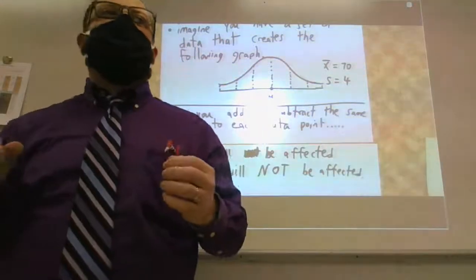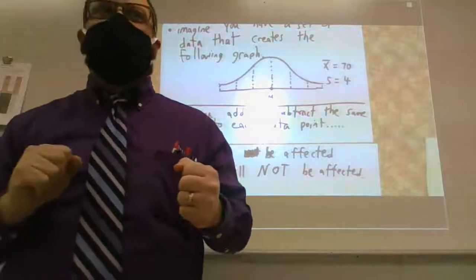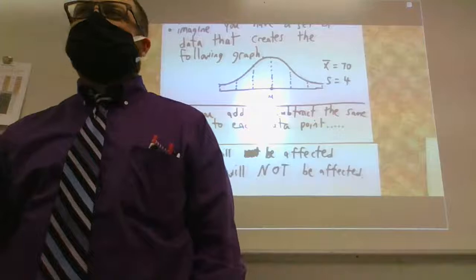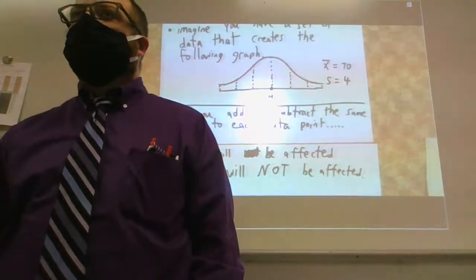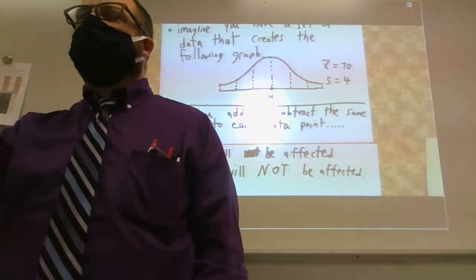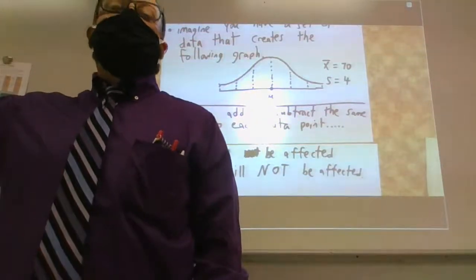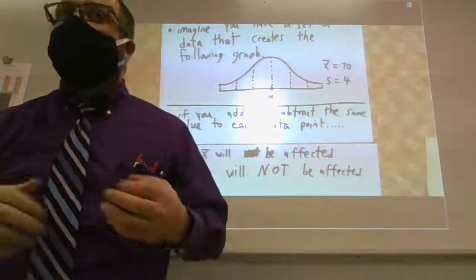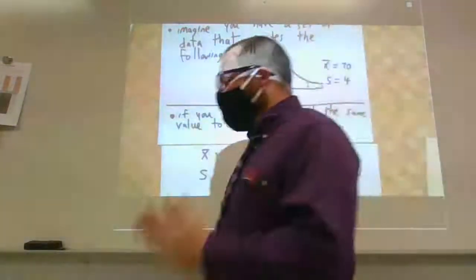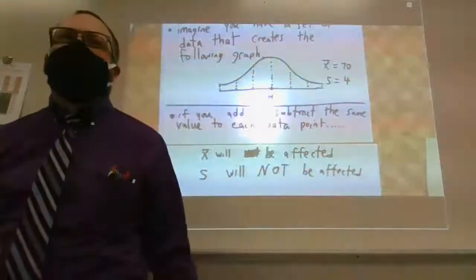It's a measure of what in the acronym CUSS, C-U-S-S? Center, unusual features, shape, and spread. It's a measure of spread. Standard deviation tells you how spread out your data is.